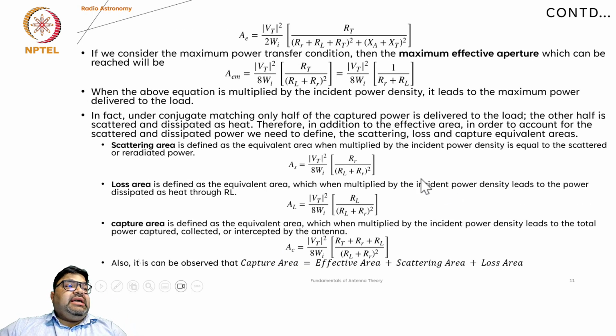So if we consider the maximum power transfer condition, then the maximum effective area can be reached by following the maximum power transfer conditions, where the source impedance has to match the antenna impedance in conjugation.